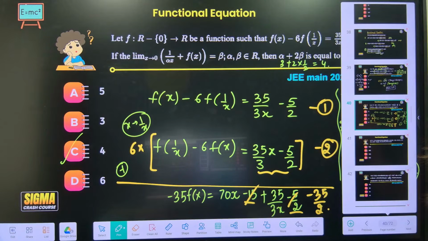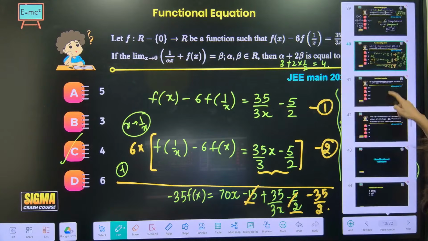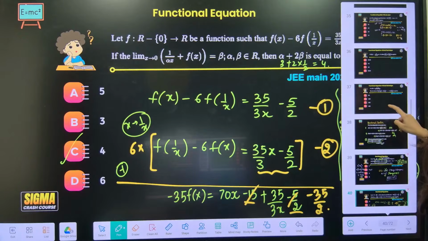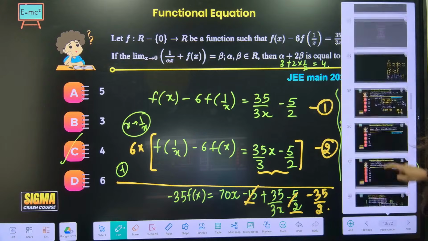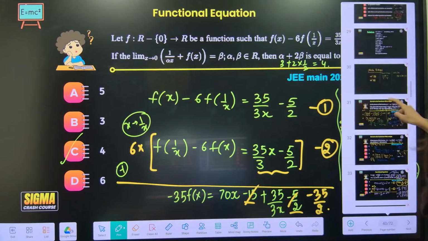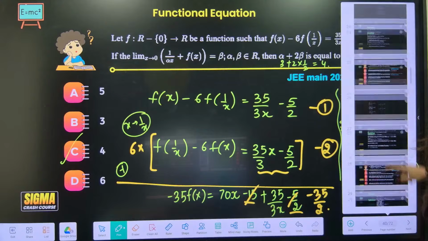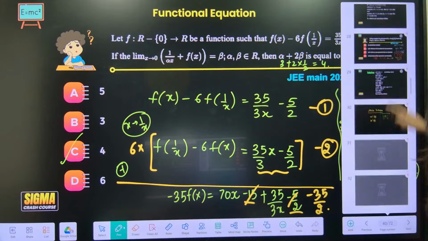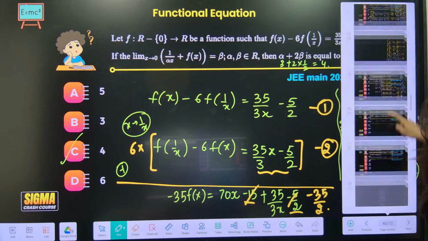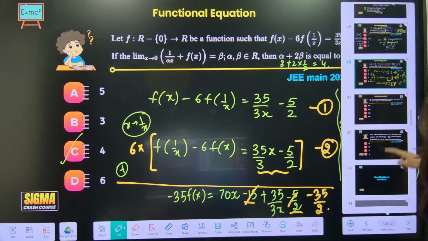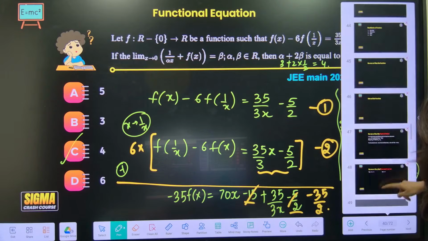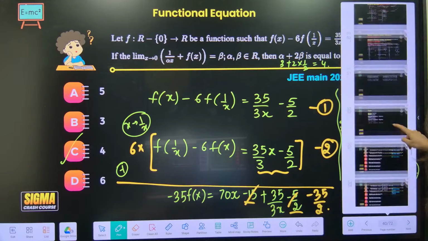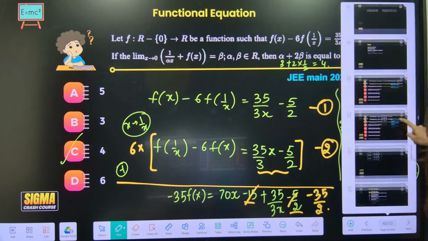There are two more categories in functional equations which are left, and that will be done by the ninja technique. We'll take a short break, then come back and continue from here.